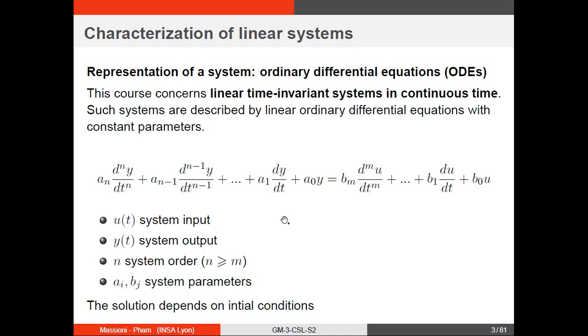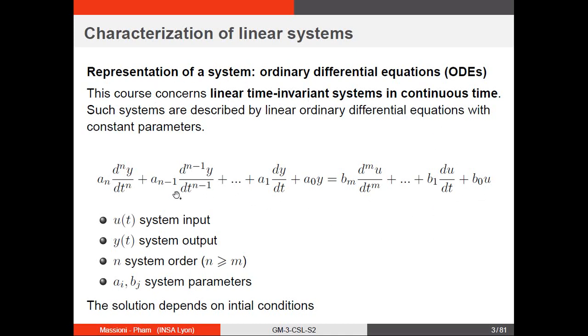So in general, the kind of representation we look for in the context of this class is something like this: a differential equation involving one variable, which is the output, we call it y, but it can be any letter, and another variable which we call input, and is denoted by u. The a's and b's are just these constant coefficients we were talking about earlier.